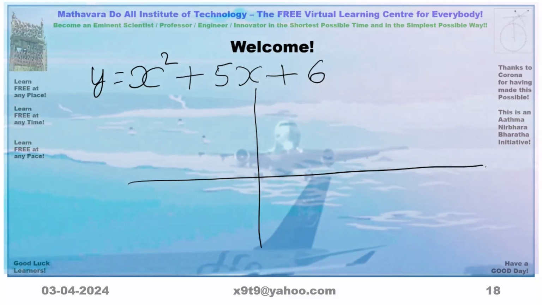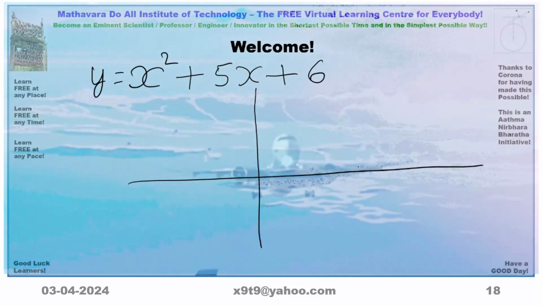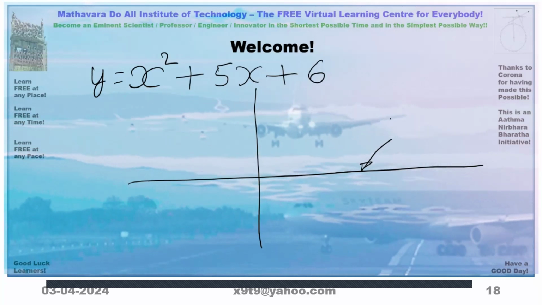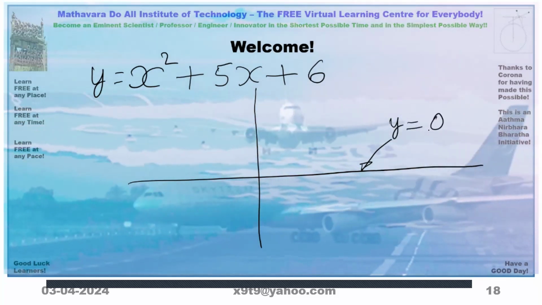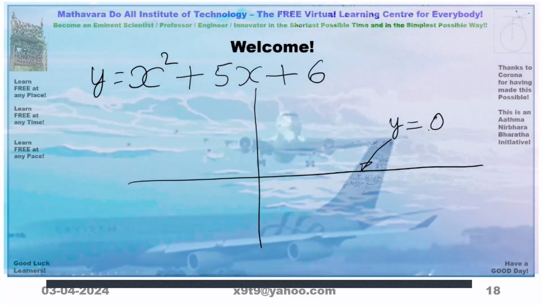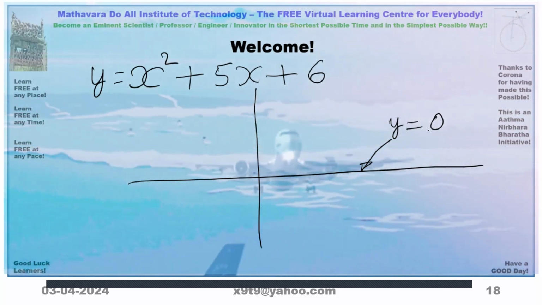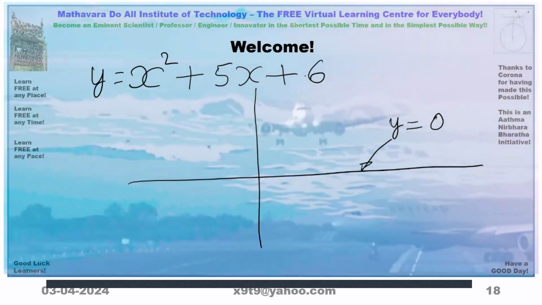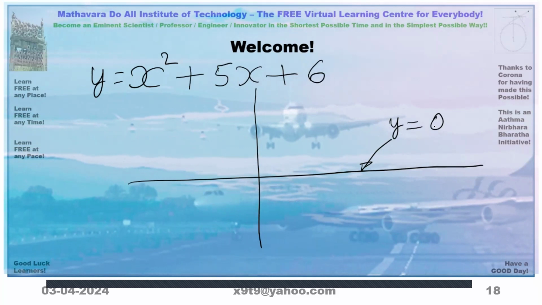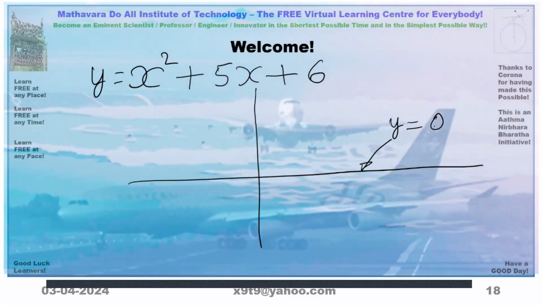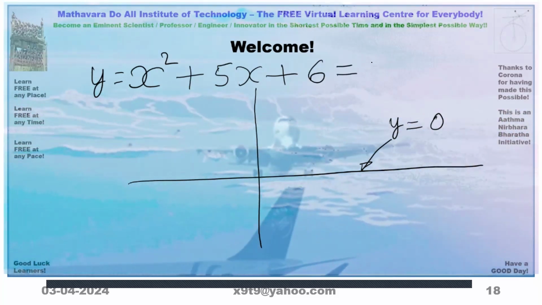Solving the problem means that's what I am telling. The equation of the x-axis is y is equal to 0. That means we want to find where the graph of this function cuts the x-axis. So y is 0 means we will put this equal to 0.